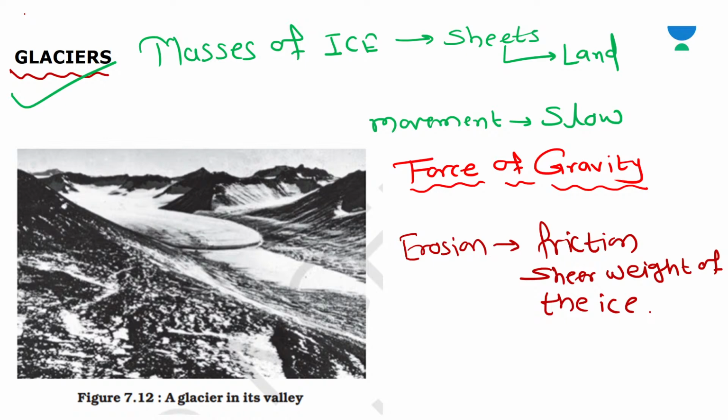So glaciers can cause significant damage to even unweathered rocks and can reduce high mountains into low hills and plains.